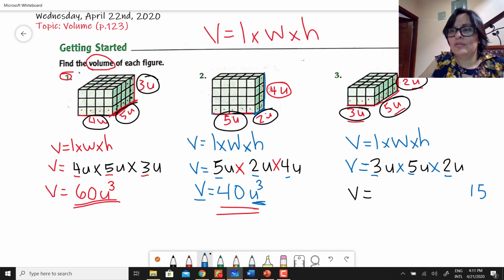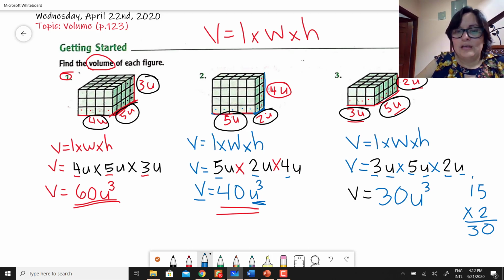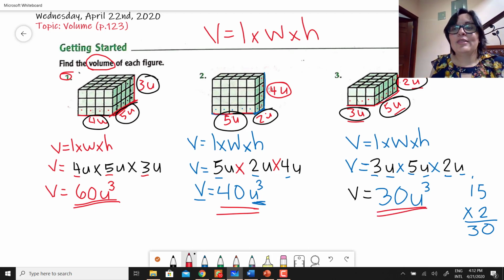If you don't know it, do it apart. 15 times 2, 2 times 5, 10, 2 times 1, 2, and 1, 3. 15 times 2 is 30 units, and those units have to be cubic units, because we have 1, 2, 3 units. So this is the answer in number 3, 30 cubic units.